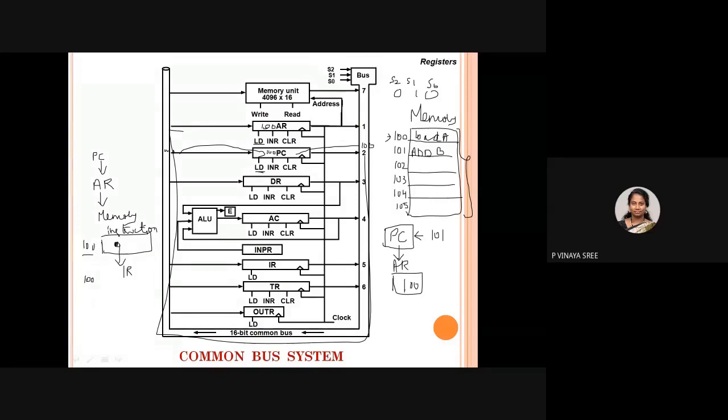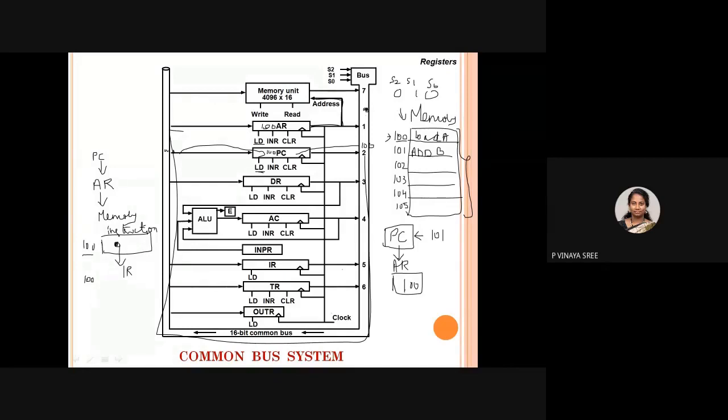See here, we have an address going to memory with the help of an address bus. It takes 100 as an address, and if you go to that address, it shows load A. So what it will be doing, this load A has to be placed on the common bus again.